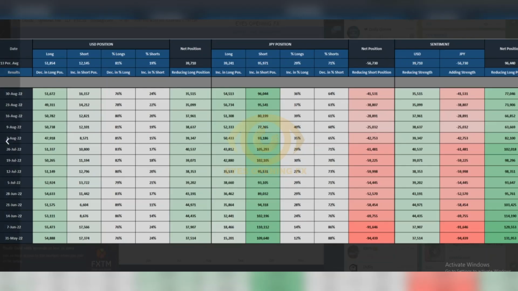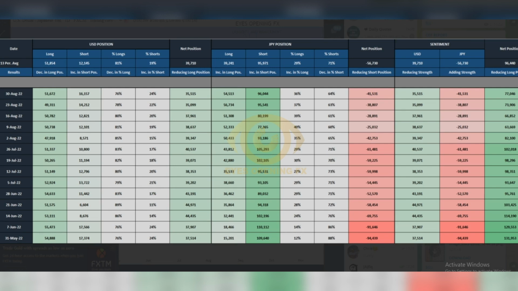So looking at the COT data in front of us, you see the COT data on USD and on JPY. Looking at the long position in this COT data, you can see that they are still decreasing, telling you that the buyers are losing their power. We are using the non-commercial.